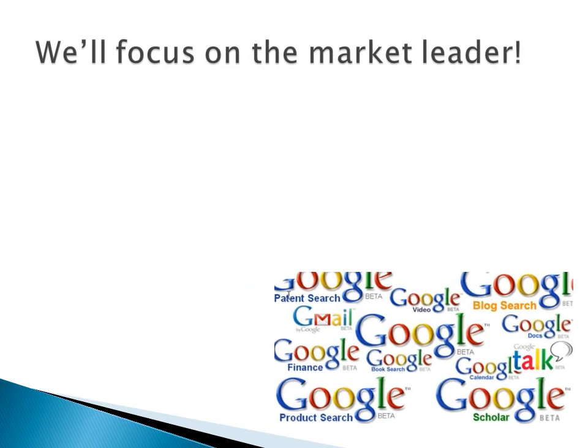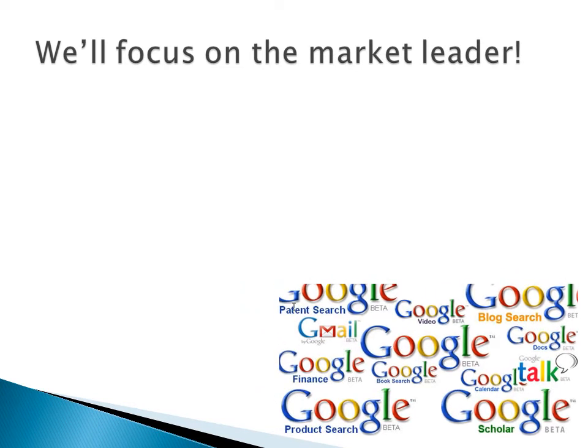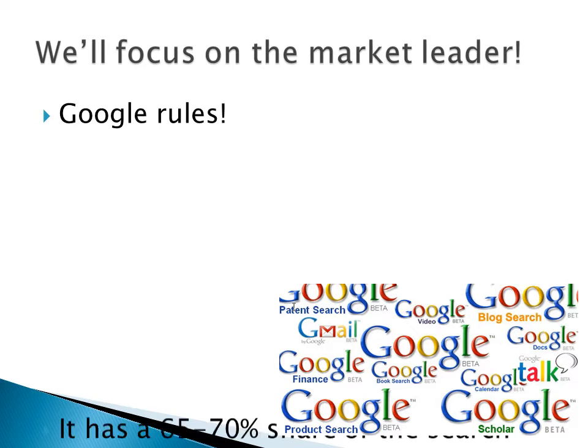As I mentioned earlier, we're going to focus on the market leader when we talk about search engine optimization. And the market leader by far is Google. Google rules, and it has for years. I've taught this class since really before Google did rule, but once Google came about, it just started ruling, and it's ruled more and more.